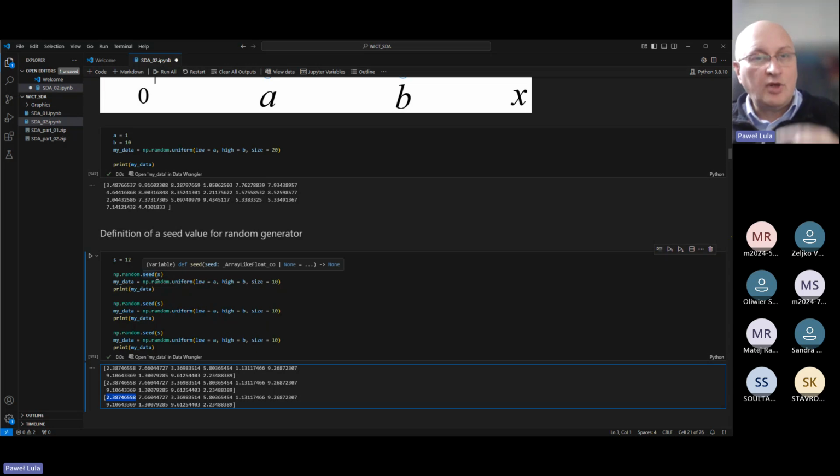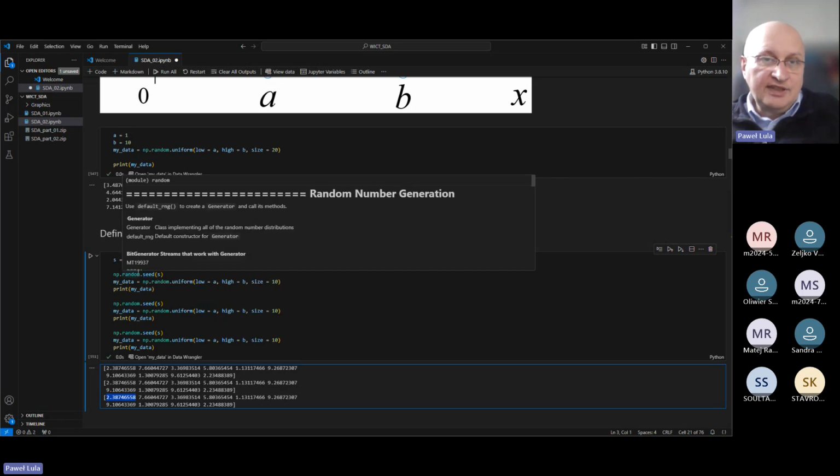So if we want, for example, to generate data for evaluation of some statistical models, and we have many models, but we want to have the same data set, then for every model, we should generate data using the same seed value.